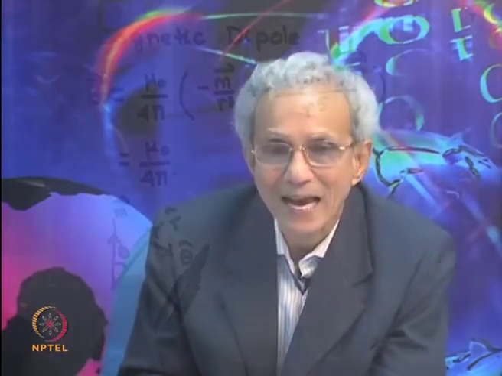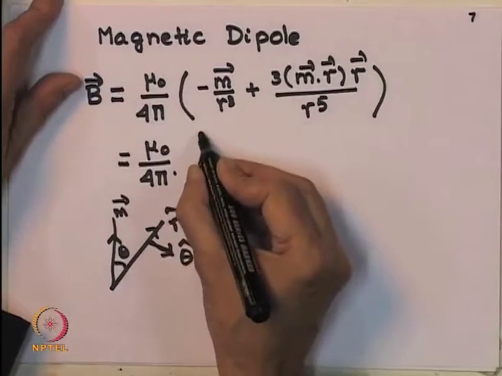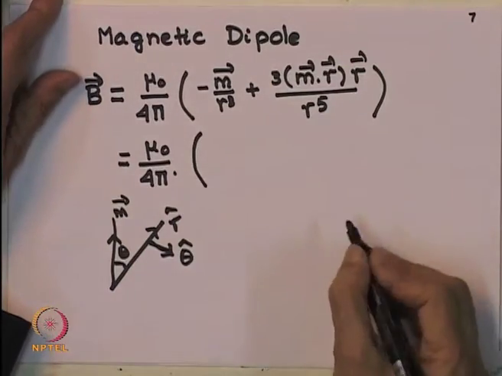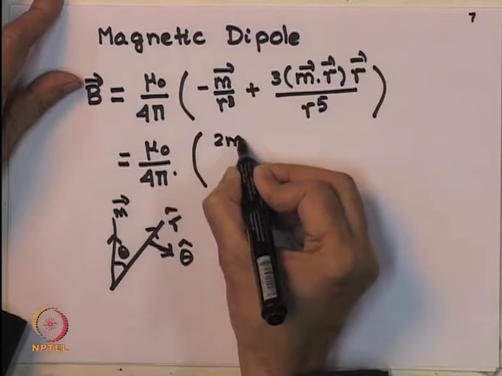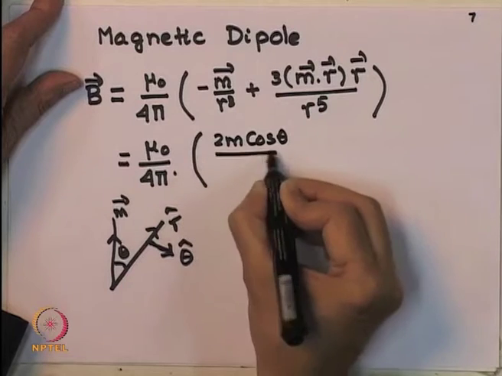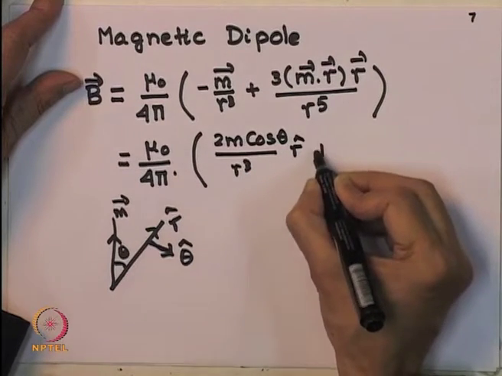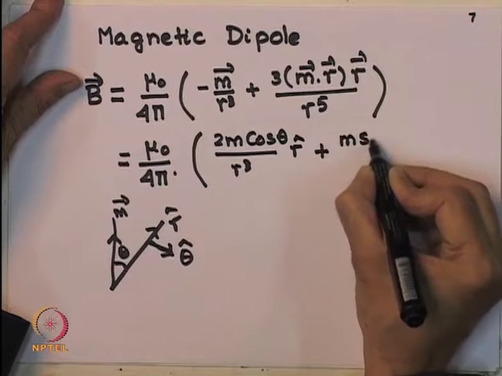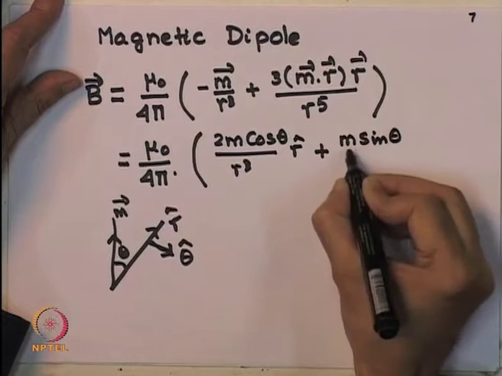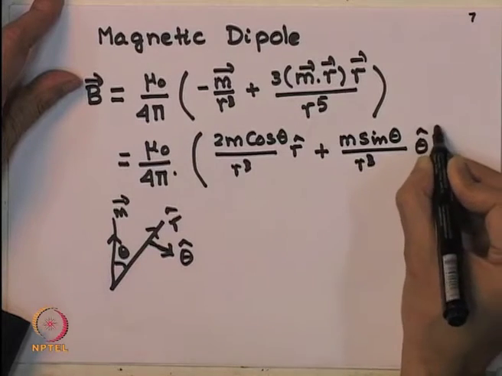So, if you look at that and you know this angle, then you can rewrite this, it is a fairly straightforward exercise, as 2 m cos theta divided by r cube unit vector r plus m sin theta divided by r cube again and unit vector theta.